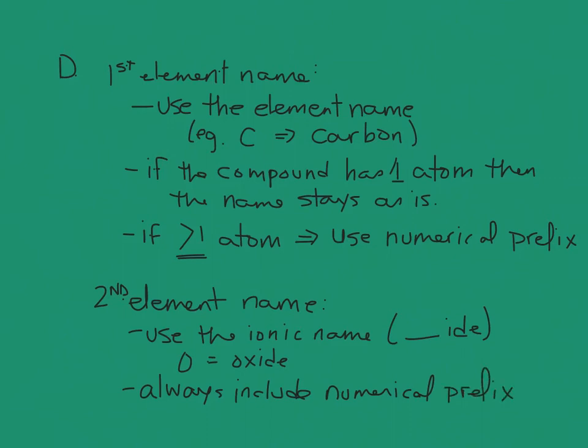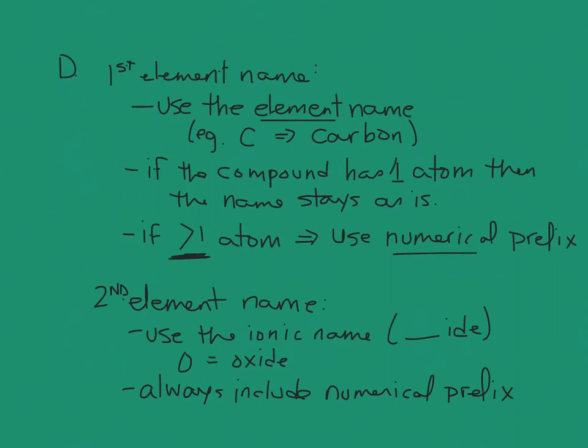So if you look at this, you can always remember looking at the name how to write it, and if you saw the chemical formula, you should be able to deduce what you're looking at. Again, the first element, use its element name. If there's more than one of them, then you use the numerical prefix.